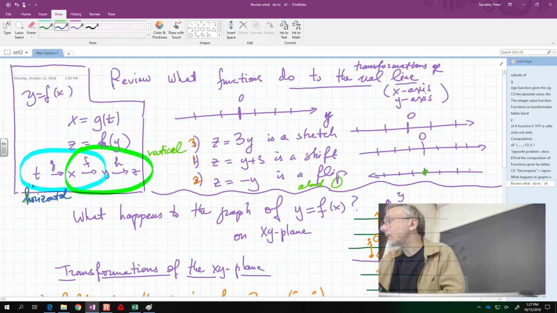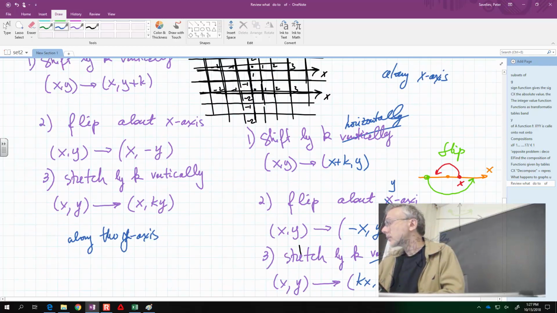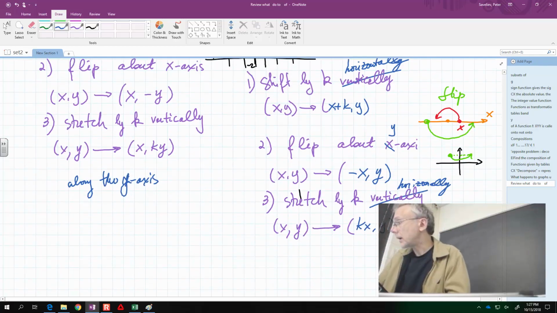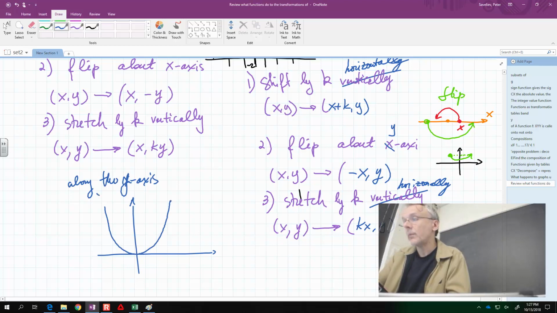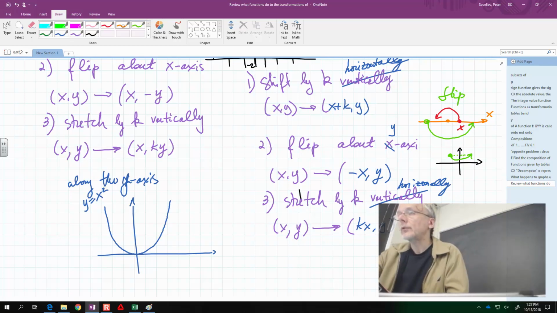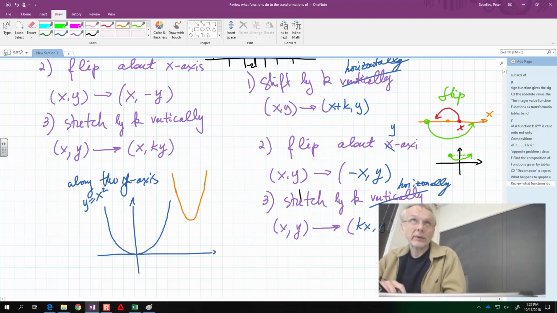As an example, just to get ahead a little bit, once again we have our parabola, the simplest parabola that you can imagine, y equals x squared. And the question might be, what if elsewhere I'm seeing something like this? You can already guess what has happened.